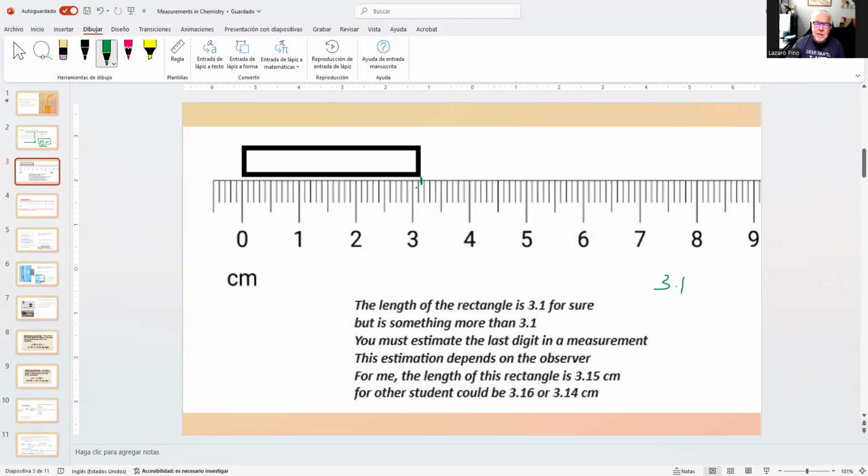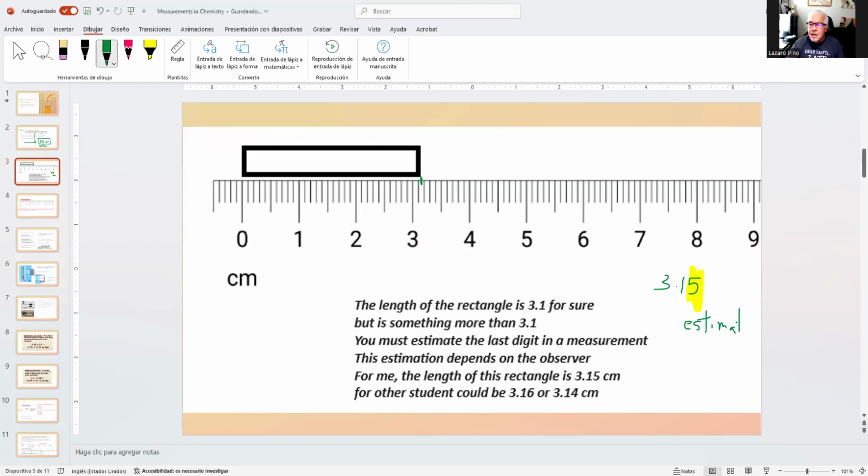Well, in this case, it's between 3.1 and 3.2, and then I will say that it is 3.15. Well, this 5 is what we call the estimated part of your measurement.